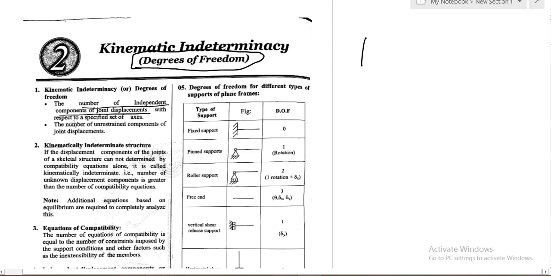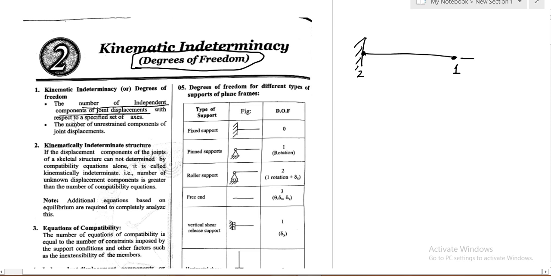Suppose a cantilever beam is there. These are 2 points of the beam. Here we can ask what is the number of independent displacements of a particular joint. Suppose this is joint number 1 and this is joint number 2. Taking the example of joint number 1, how many independent displacements are possible in this joint?